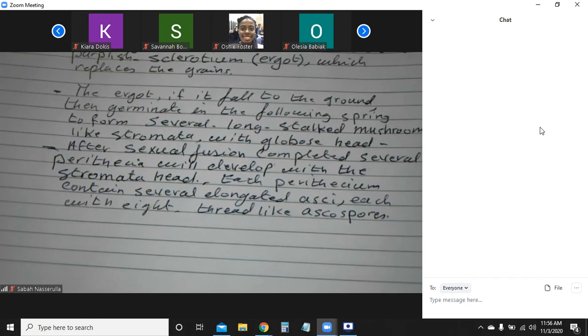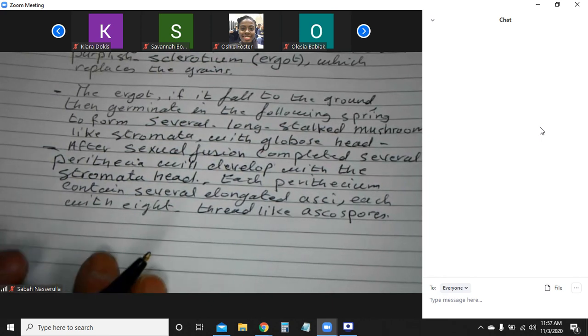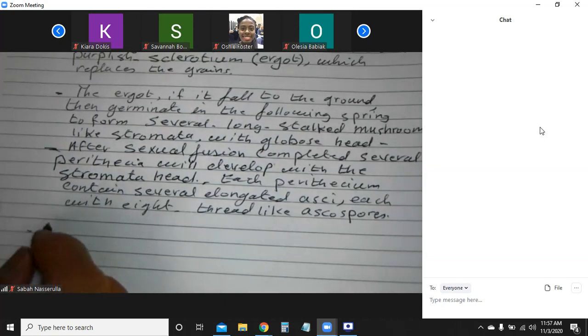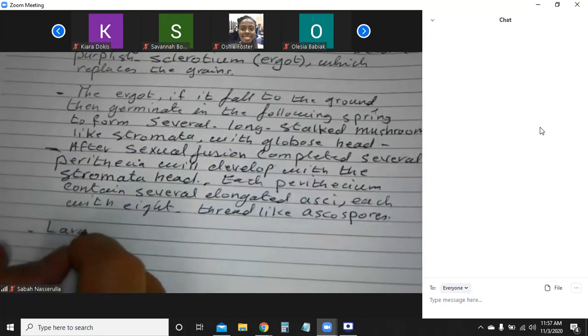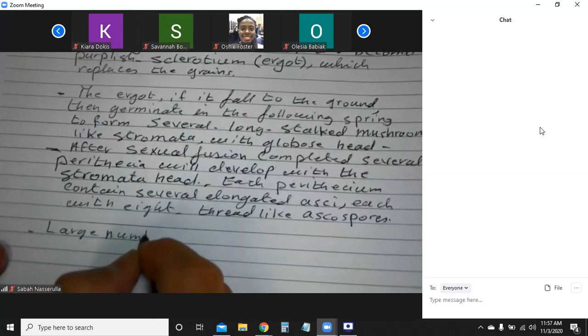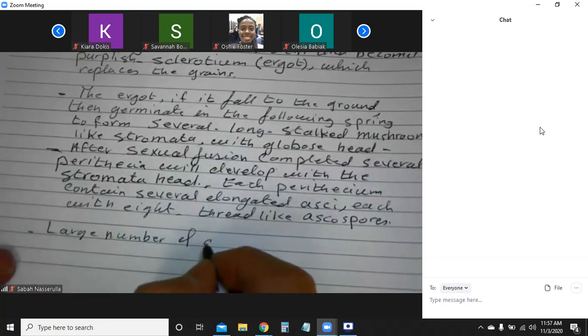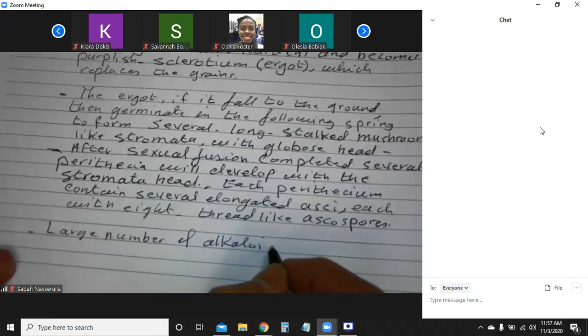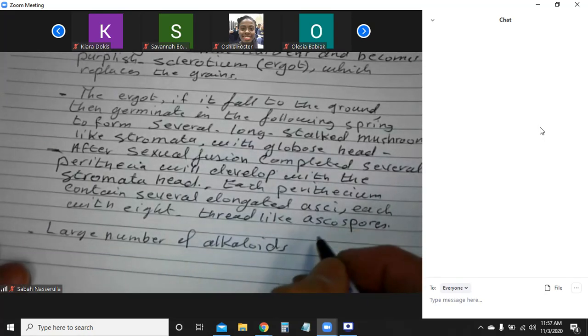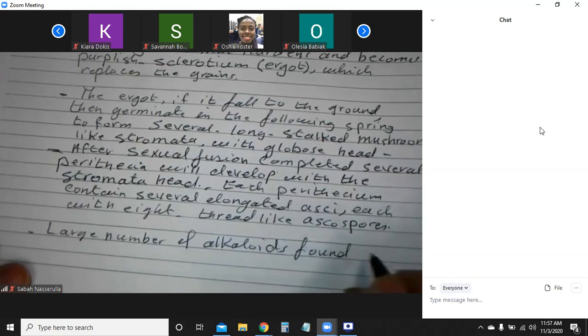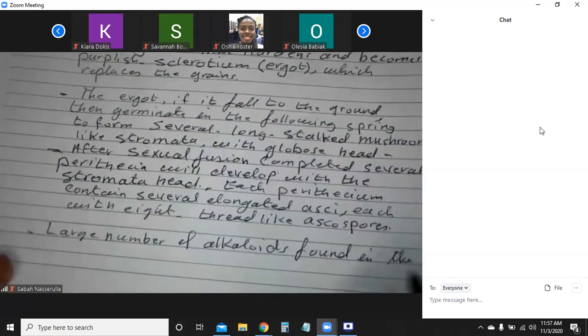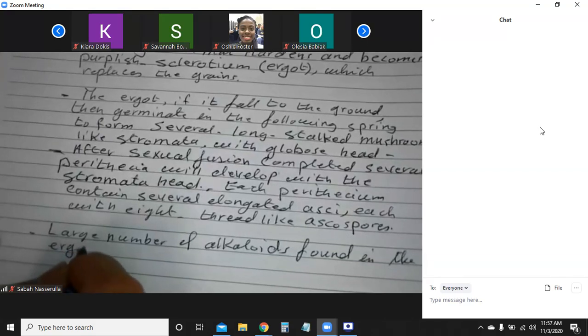As I told you, this sclerotia or the ergot contains many alkaloids. I'm going to talk in more detail when I talk about the toxicity and production by some fungi. But at the moment, I just mention a few points here, that a large number of alkaloids, okay, are found in the ergot.